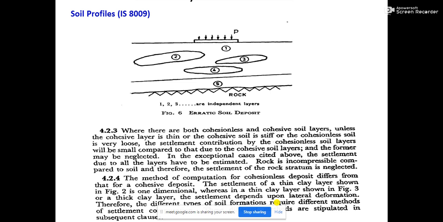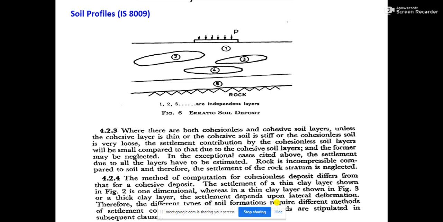If the thickness of the sandwiched clay layer between two cohesionless soil layers is more, and the cohesionless soil layer is not very loosely packed, or the relative density of the cohesionless soil layer is high, in such a case you may not consider the immediate settlement for calculating the total settlement of the footing.